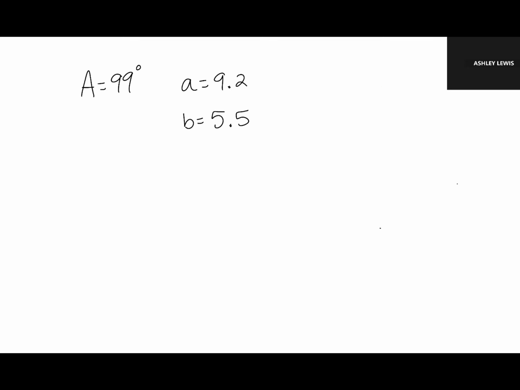Okay, again, I'm giving a side, and an angle. A side, and an angle. Okay, make sure 99 degrees, which is angle A, is across from side A, which is 9.2. Okay, so I can do many things.